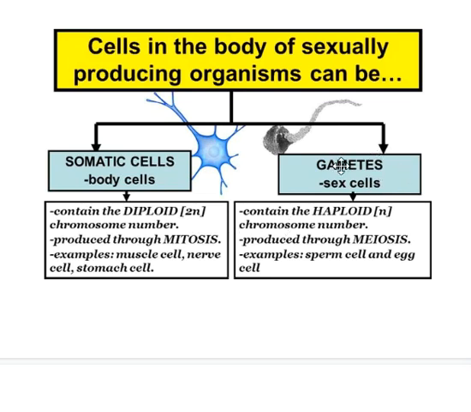When we talk about gametes or sex cells, they will contain a haploid number of chromosomes, I mean 23 chromosomes, and they will be produced by undergoing two steps of division, meiosis 1 and meiosis 2, and will form haploid number containing cells.